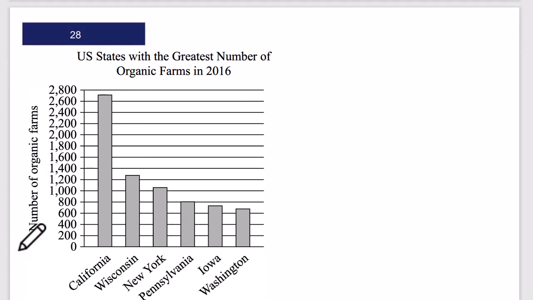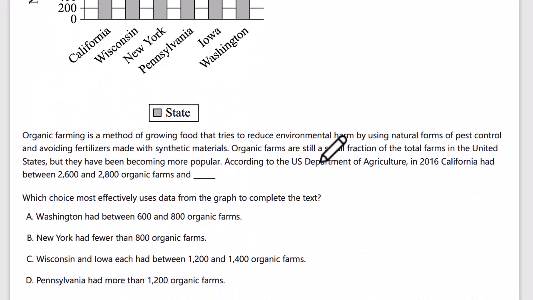Okay, looks like we've got another command of evidence, quantitative. Just quickly scanning, we've got by state, number of organic farms, states with the greatest organic farms. Looks pretty straightforward, that graph. Okay. And we want to complete the text with the information from the column chart. So let's read. Organic farming is a method of growing food that tries to reduce environmental harm by using natural forms of pest control and avoiding fertilizers made with synthetic materials.